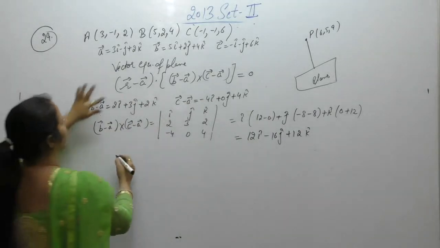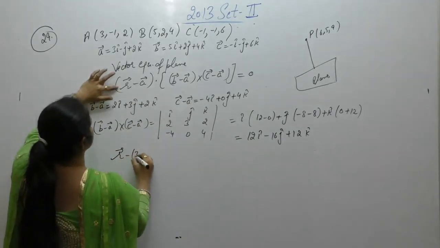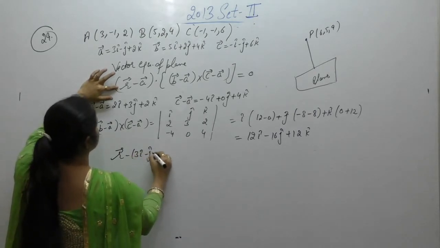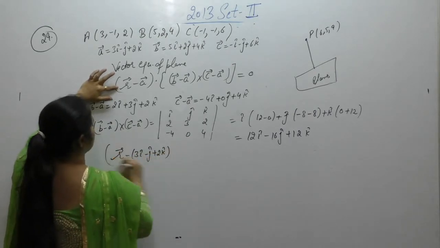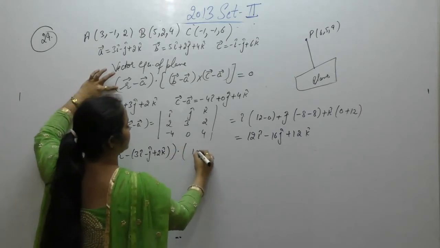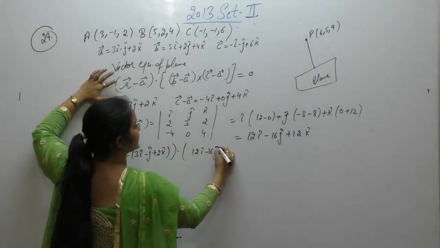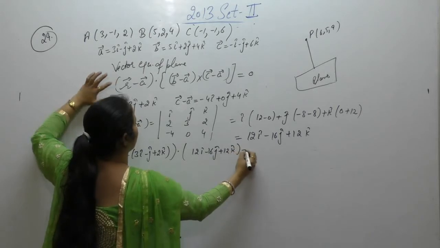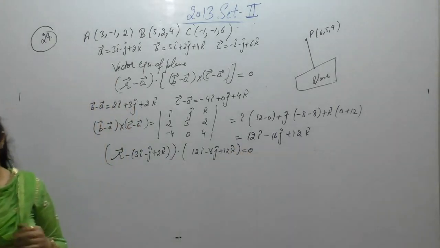Now put the value here. A vector is 3i minus j plus 2k dot 12i minus 16j plus 12k is equal to 0.